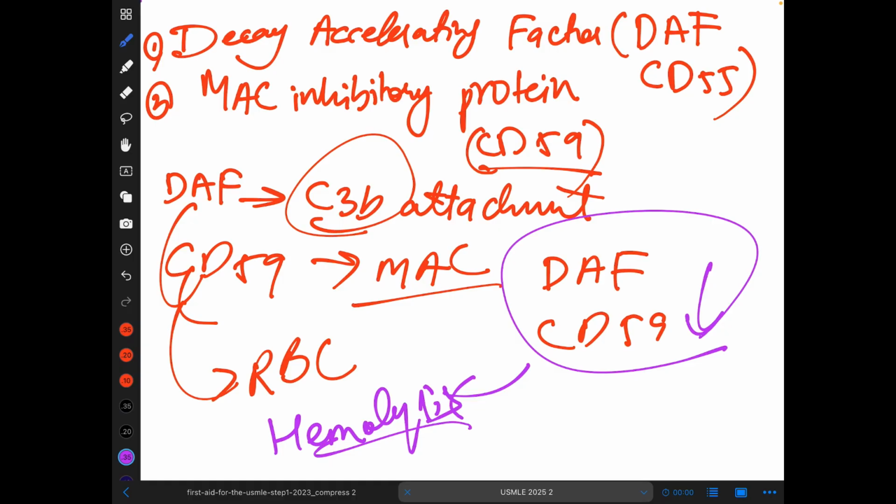This is the disease we talk about as paroxysmal nocturnal hemoglobinuria.